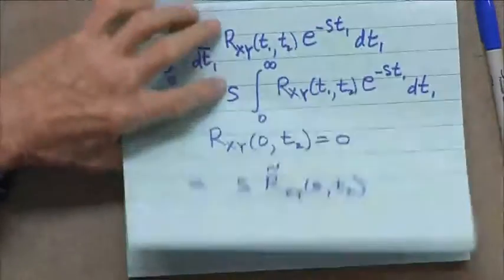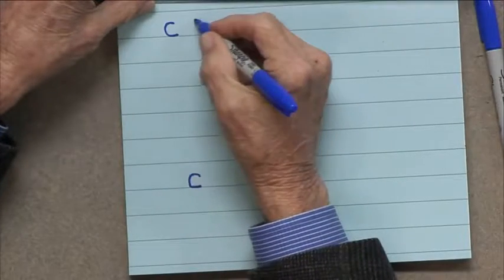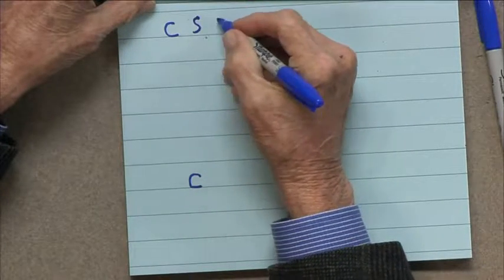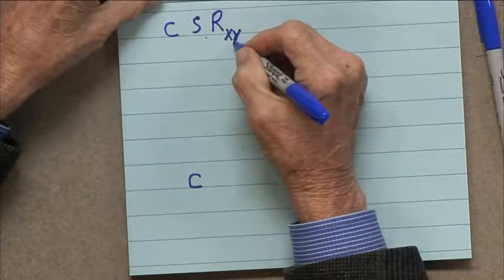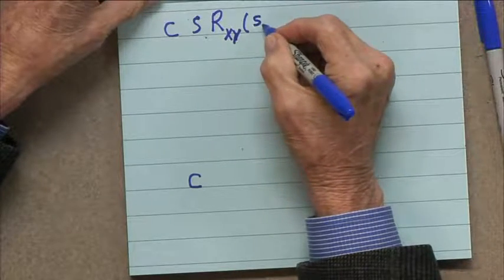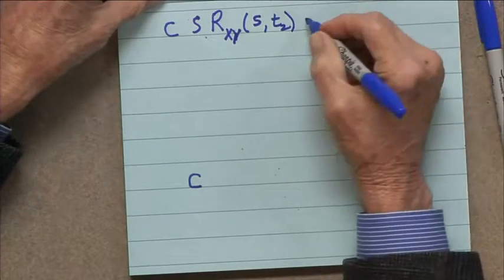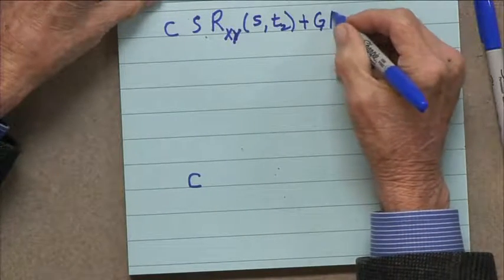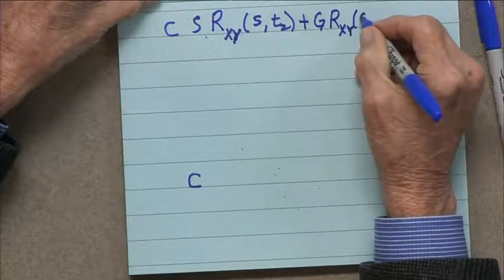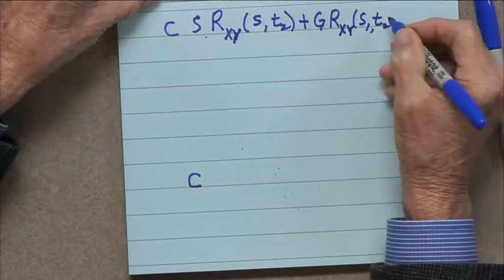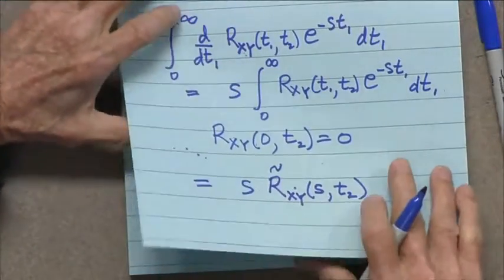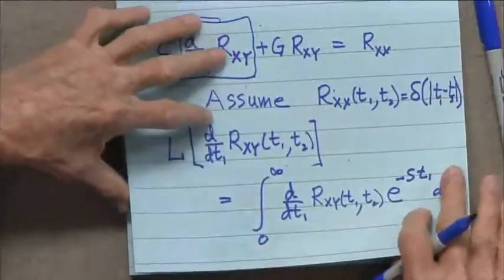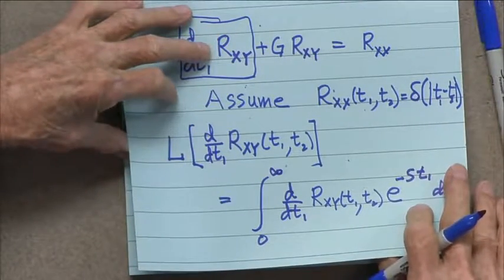So that means that we have C s rxy(s, t2) plus G rxy(s, t2) is equal to Rxx.